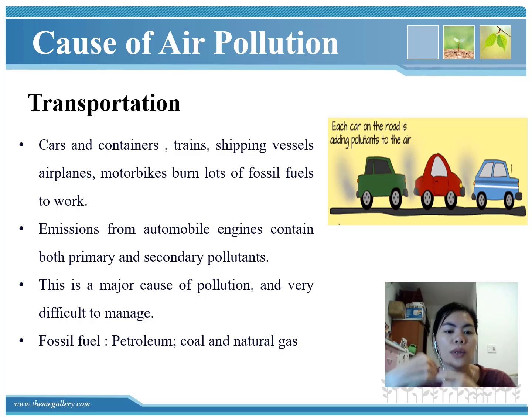You can see that some fossil fuels such as petroleum, coal, and natural gas, when you burn them, will release primary and secondary pollutants such as CO2, NOx, SO2, something like that. So it can make the air polluted.